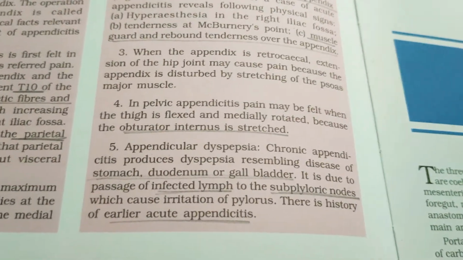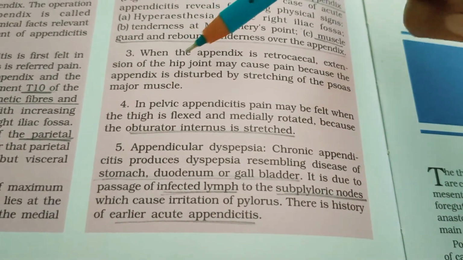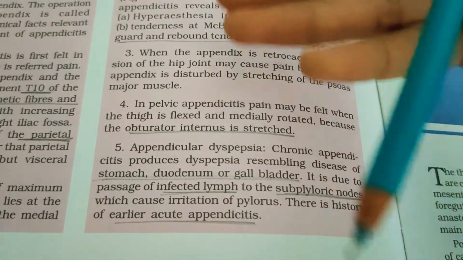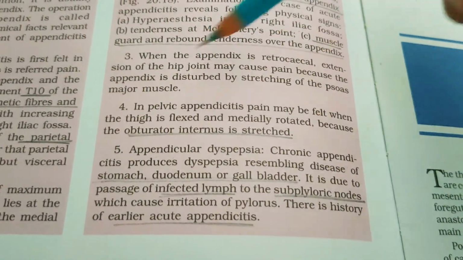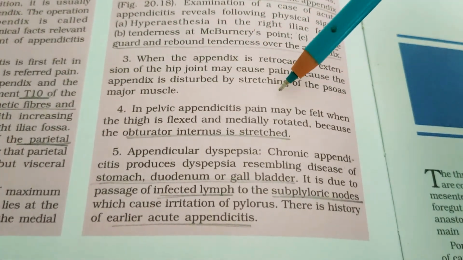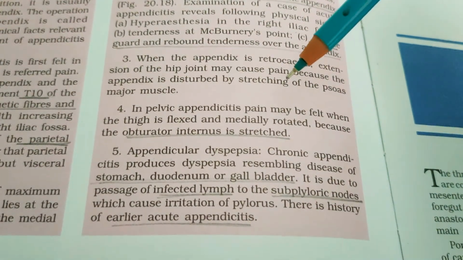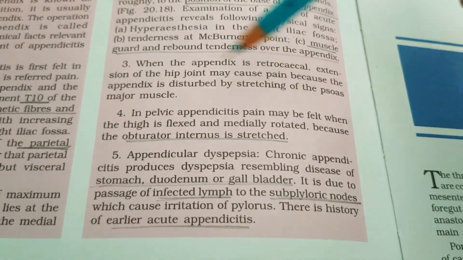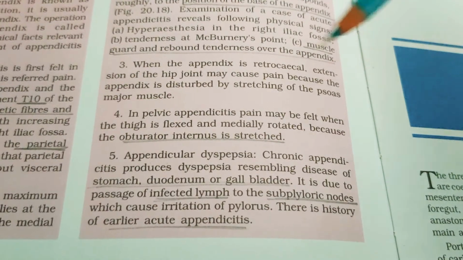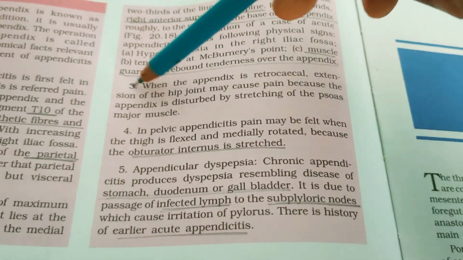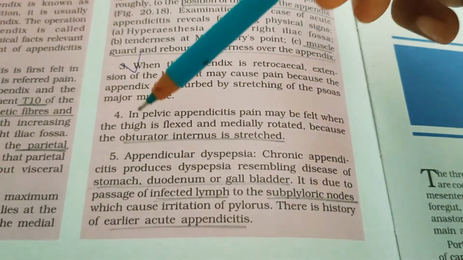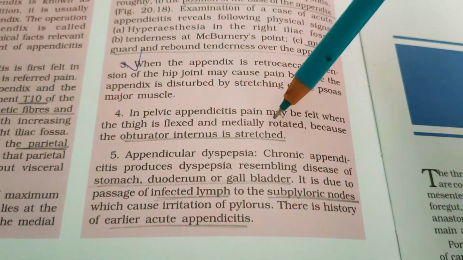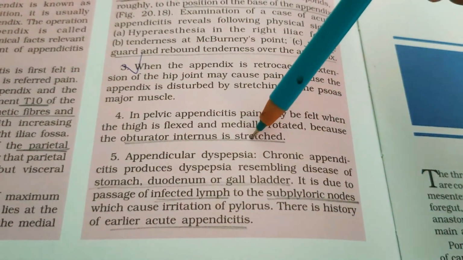Here you can see some other remaining clinical points. When the appendix is retrocecal, meaning behind the cecum, extension of the hip joint may cause pain because the inflamed appendix is stretched by stretching the psoas major muscle. So as it is retrocecal, only on extension of the hip joint we may get pain in some cases. In pelvic appendicitis, pain may be felt when the thigh is flexed and medially rotated because obturator internus is stretched.